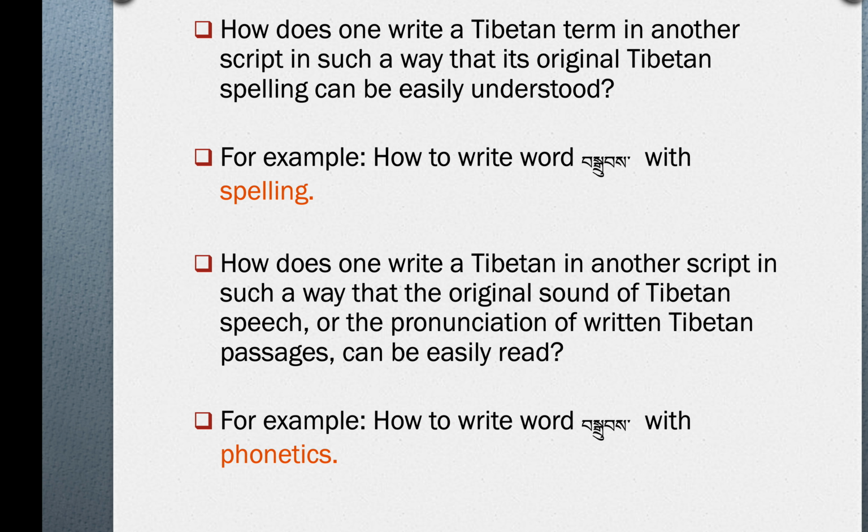We don't hear all the prefix, superscript, subscript, etc. We simply say dup. How are we going to do that? And these two are very important at the initial stage of your studying Tibetan language. This will help you understand more about classical Tibetan or colloquial Tibetan.